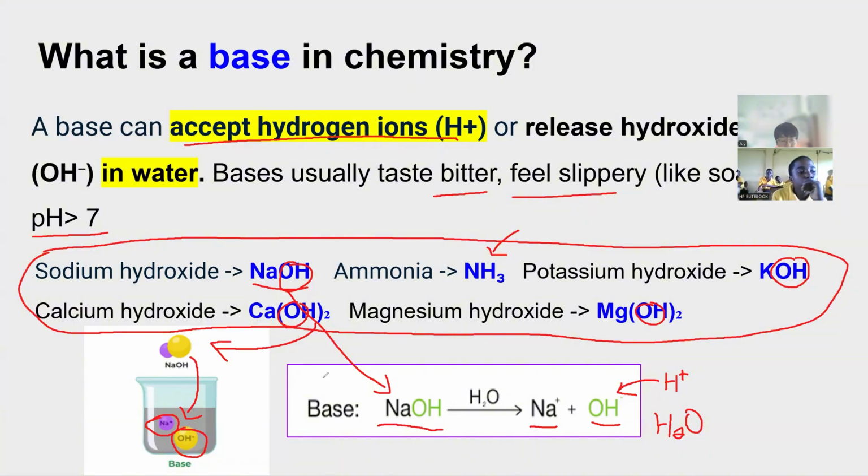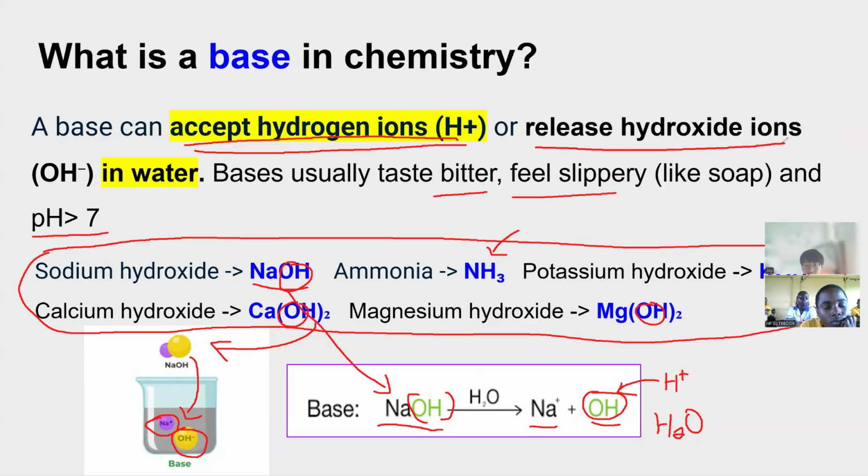So you can think about bases as accepting hydrogen or temporarily giving off this hydroxide ion. So again, bases can accept hydrogen ions or release hydroxide ions. You can think of it either way.